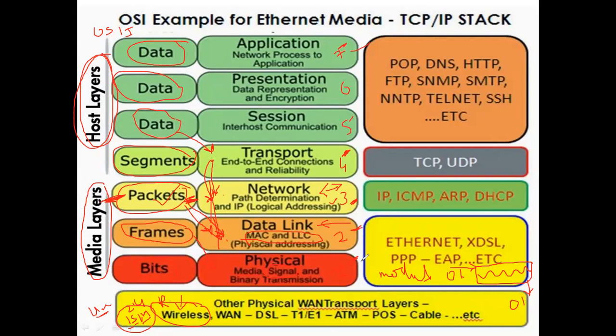Then again it will be transferred bottom up. You can see that the bits will be converted into frames, then frames into packets, then into segments, and then it will take a representation form, and then finally the data is on your side.